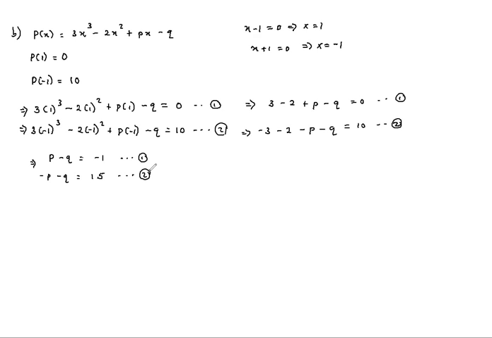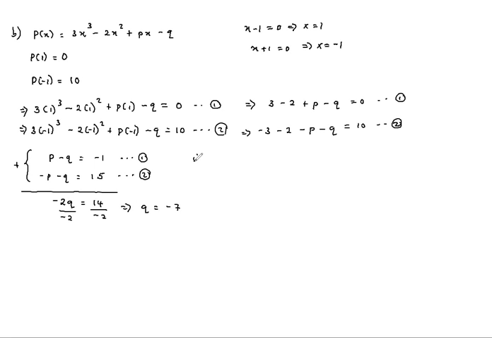We can now solve simultaneously. If you add these, what we get is negative 2q is equal to 14. So divide by negative 2, you get that q is equal to negative 7.